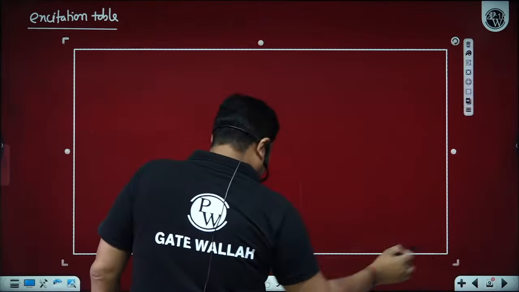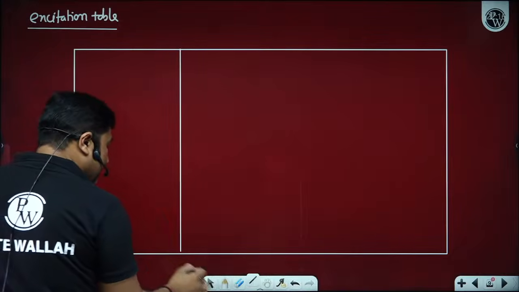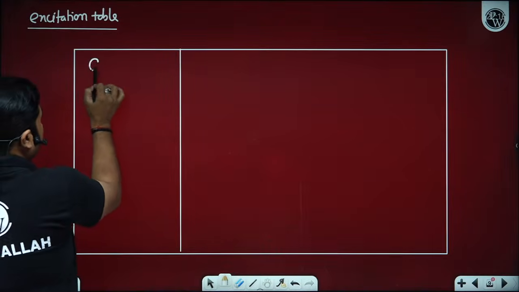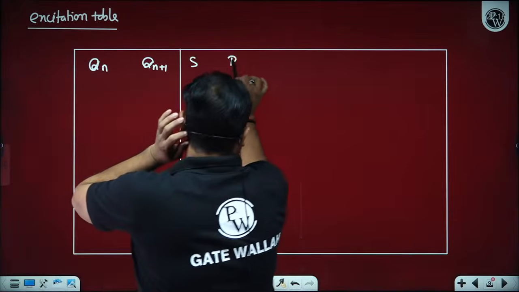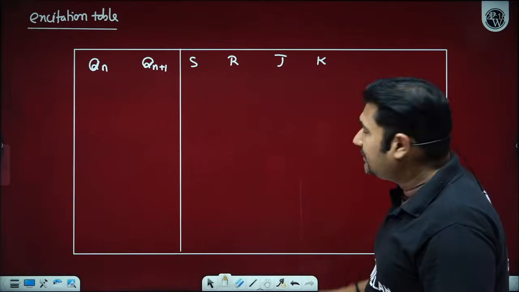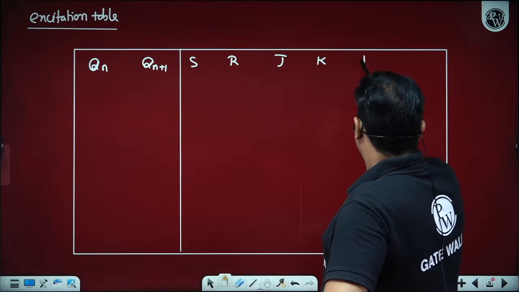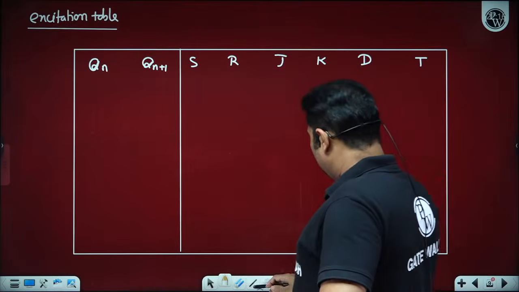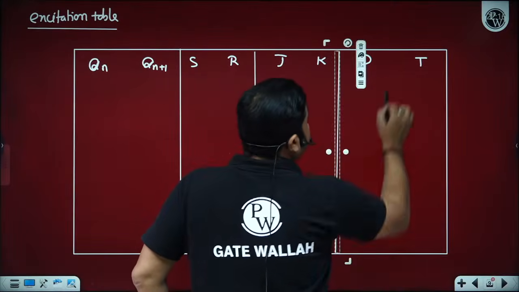Sir, if we compare all the excitation tables, based upon the present state and next desired state, we have S R, J K, S R, J K, and D and T. Okay. So let me arrange all the flip-flops excitation table on one page.